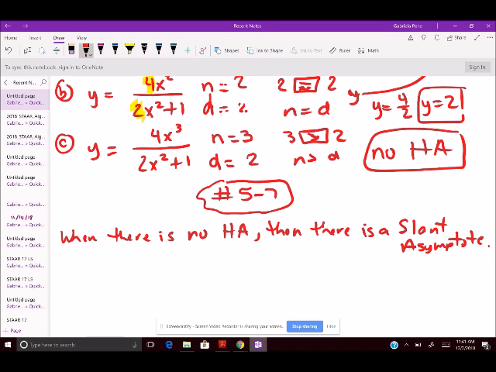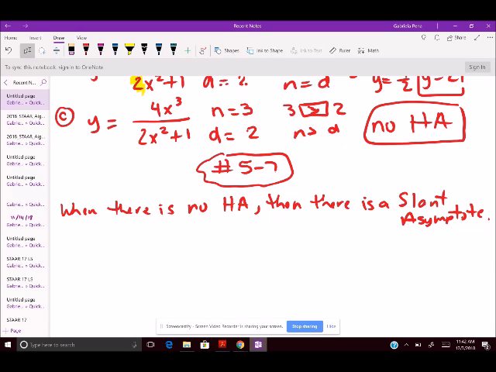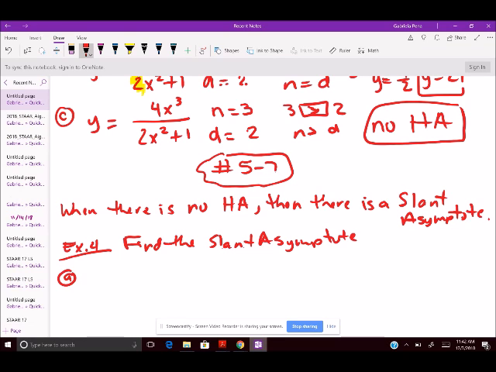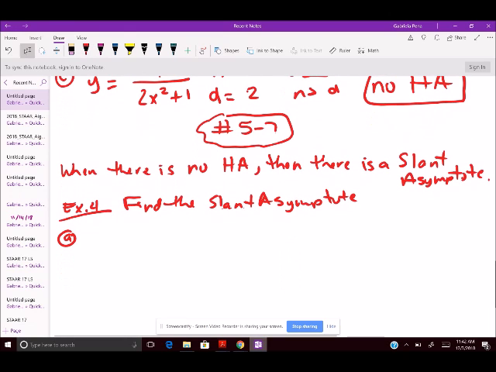And to figure out the slant asymptote, we're going to have to use synthetic division. Haven't we talked about synthetic division before? Yes. So it's a piece of cake. It's nothing hard. So for example number 4, find the slant asymptote. We're going to do 2 simple equations.